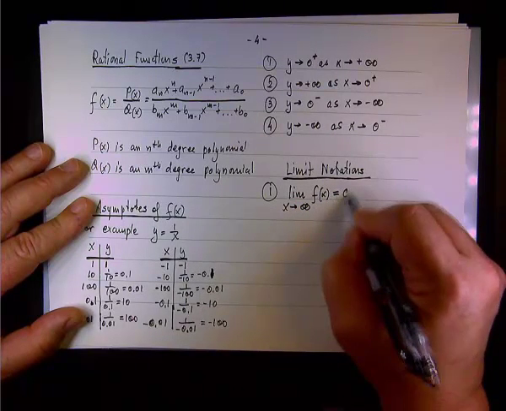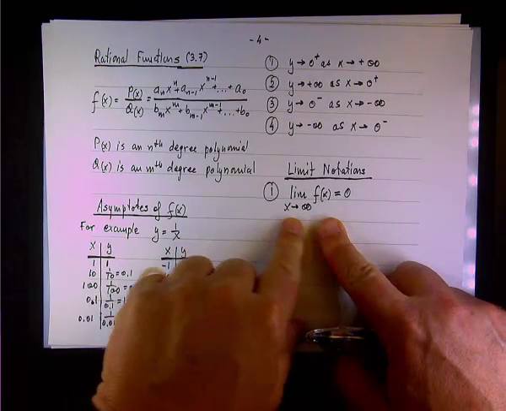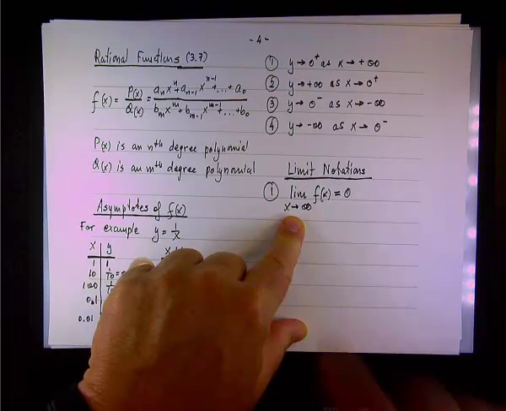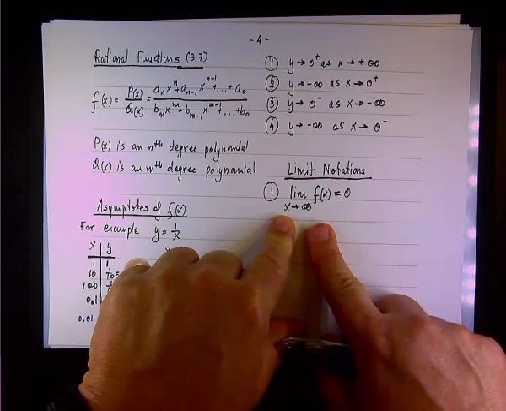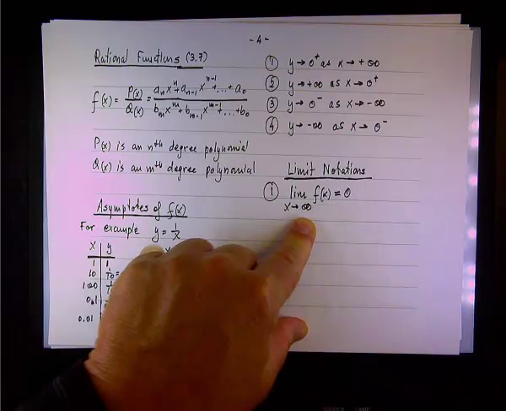We're going to say that the limit as x approaches infinity, we can drop the positive, the limit of f of x is 0, and we don't need to put the positive side in this case. We're just going to say that.